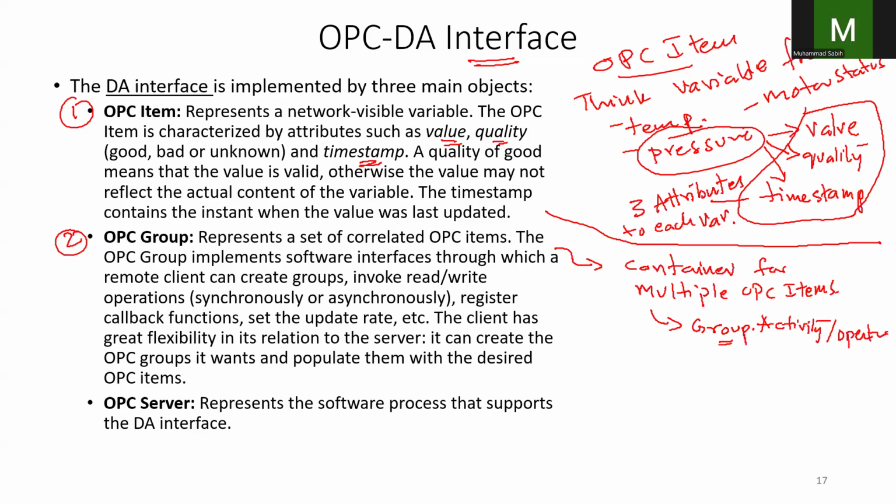Maybe it is an update, so there may be a specific update rate for the group together, and you can even assign a callback function to a specific group for asynchronous interaction.